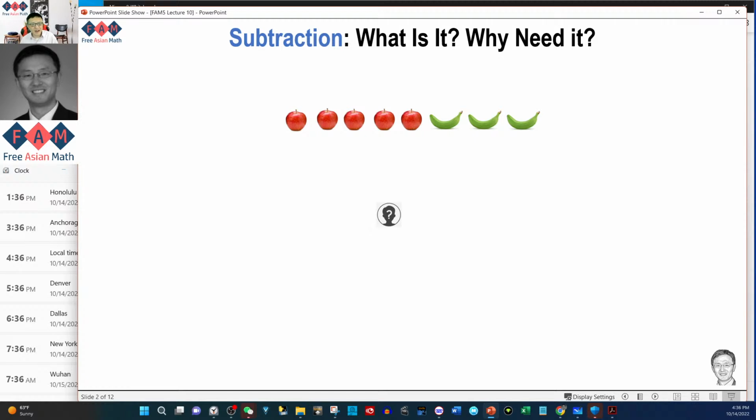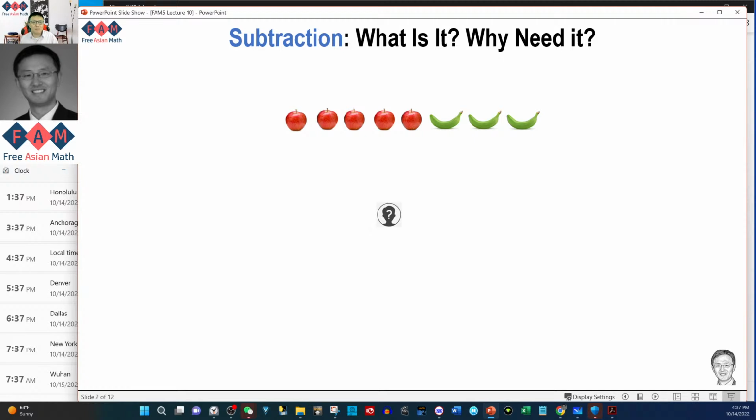We define this through a counting process. 5 plus 3 is nothing but starting at 5 and counting forward 3 times: 5 to 6, 6 to 7, and 7 to 8. So addition is fundamentally repeated counting forward. We know that.